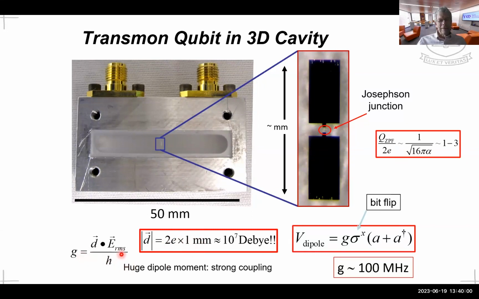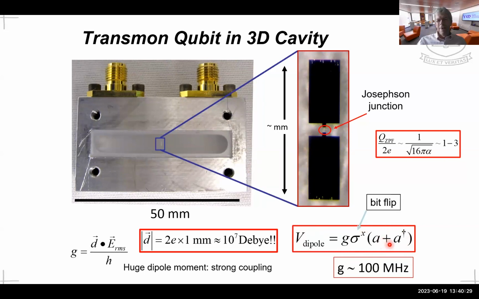And then if you multiply that by the zero-point fluctuations of the electric field here, and divide by Planck's constant, you get what's called the vacuum-Rabi coupling, 100 megahertz. So the artificial atom in the cavity can exchange energy through this dipole coupling 100 million times per second.